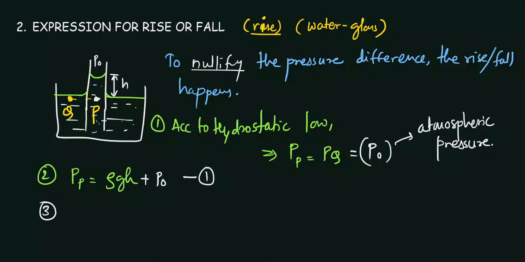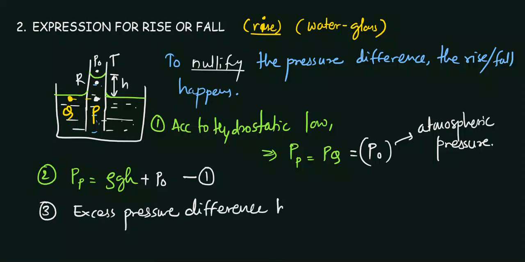Okay, if you take this point somewhere, let's call this point R, and let's call this point T. So the excess pressure difference between R and T is, we know what the difference is.